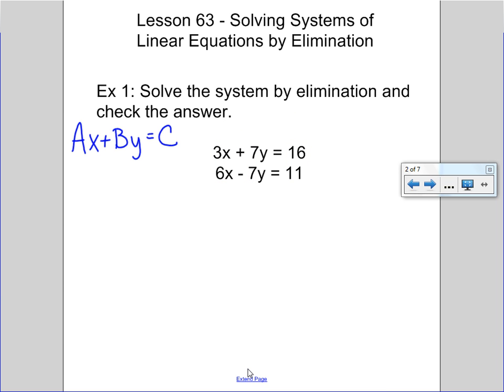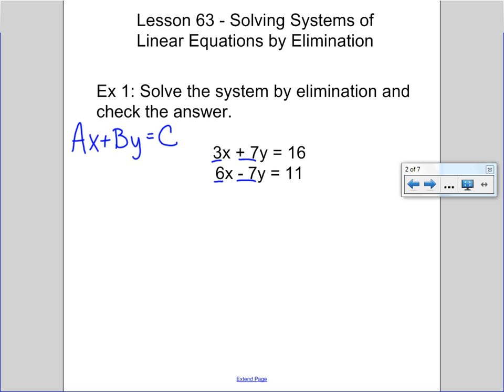For us to eliminate a variable, we have to have opposite coefficients for one of the variables. For x, I have a coefficient of 3 and a coefficient of 6. Those are not opposites. Then for y, I have positive 7 and negative 7. Those are opposites. 2 and negative 2 would be opposites. 10 and negative 10 would be opposites, okay? We want the same absolute value, opposite signs.